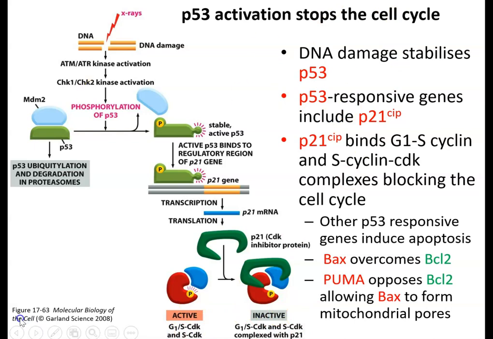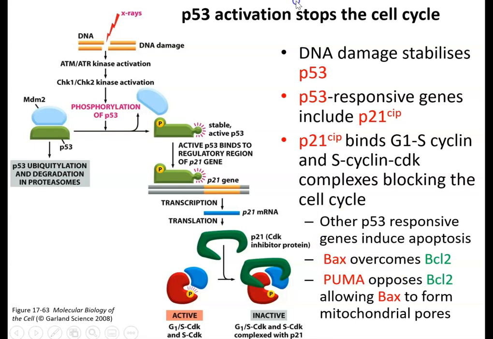I've just moved the screen so you can see the detail down here. We can see p53 is stabilized by DNA damage. In the stabilized form, p53 induces p21. p21 stops the cell cycle by binding to the G1/S and S-cyclin CDK complexes, so stopping the cell cycle at G1/S and S phase, that's cyclin E and cyclin A. But p53 also induces other response genes to induce apoptosis at the same time, so it induces BAX to overcome BCL2 and induce apoptosis, and induces a BH3-only protein to oppose BCL2.